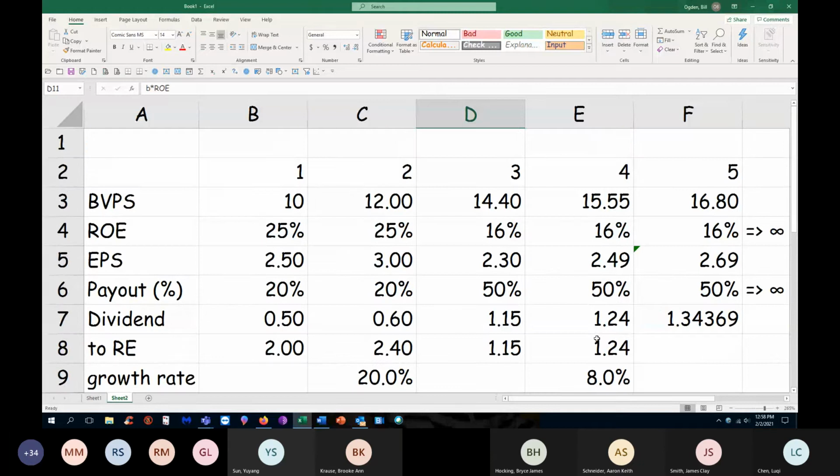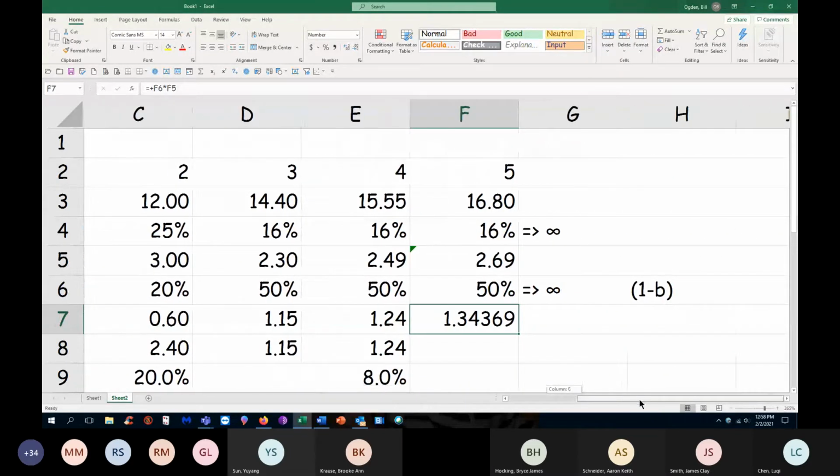starting in year 4. Okay, so what does the shareholder receive who owns a share of this stock? 1 year from now, 50 cents. 2 years from now, 60 cents. 3 years from now, $1.15. 4 years, $1.24. 5 years, $1.34. And when does this end? It doesn't.